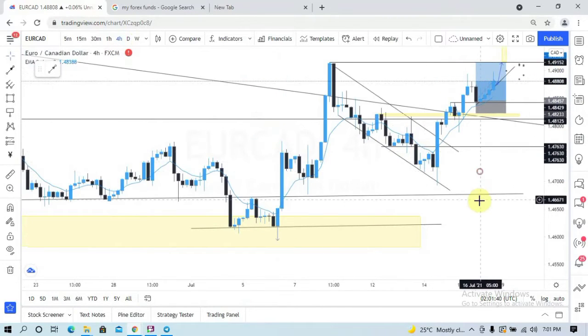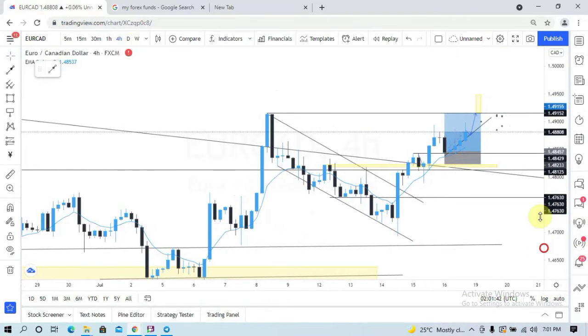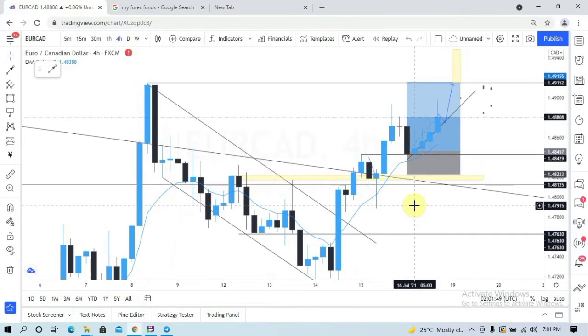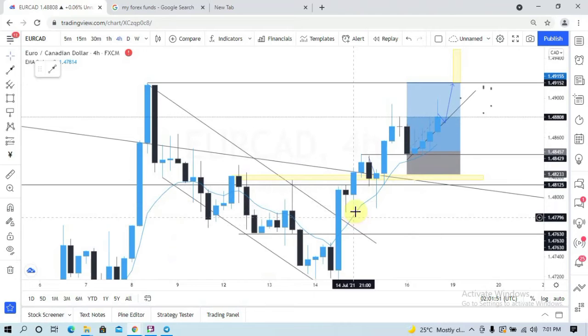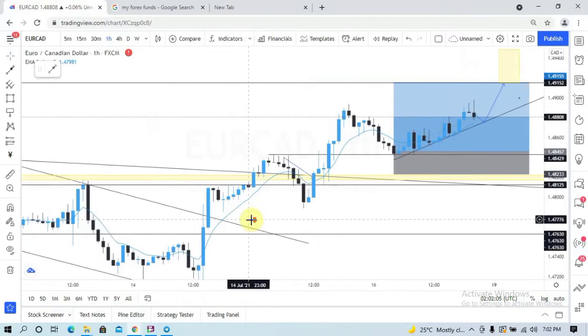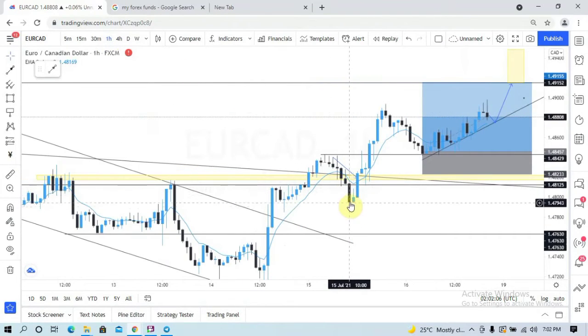So in the first place, I was very careful to follow my rules and not to make a mistake in this entry. So following this EMA line, alright, you can see that this spike right here, if you check the 1-hour candle, you can see that the market broke this place, and almost everyone thought that the market was coming down.